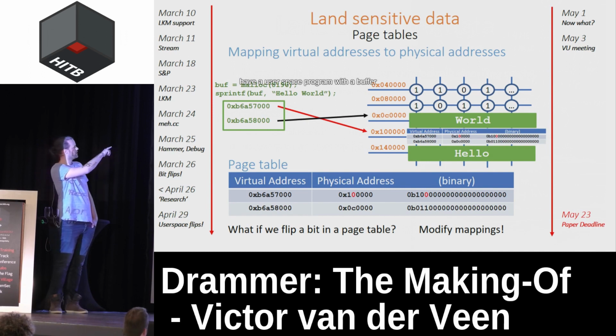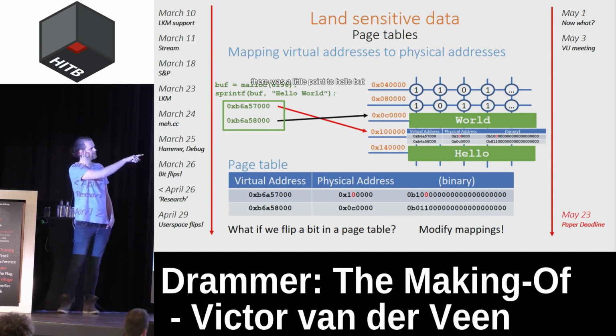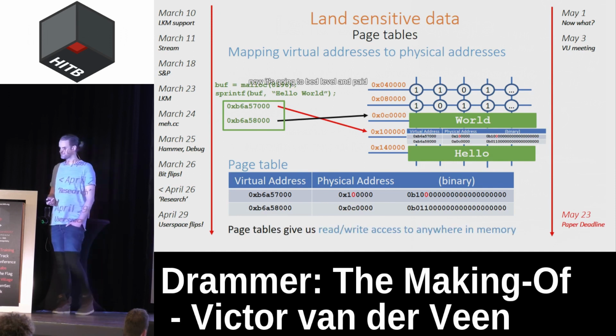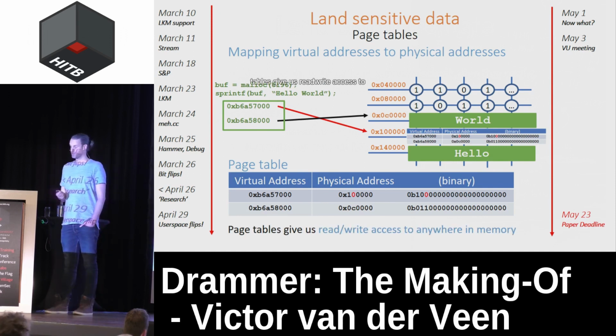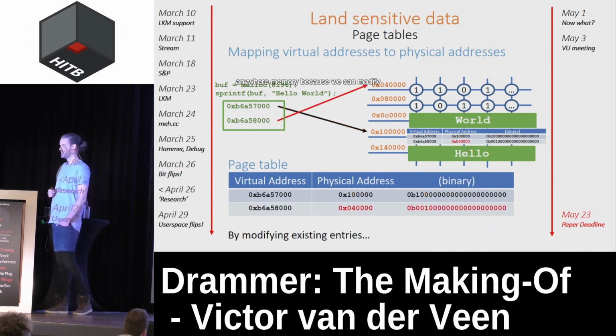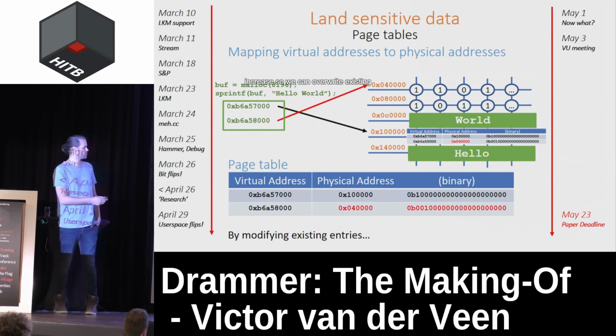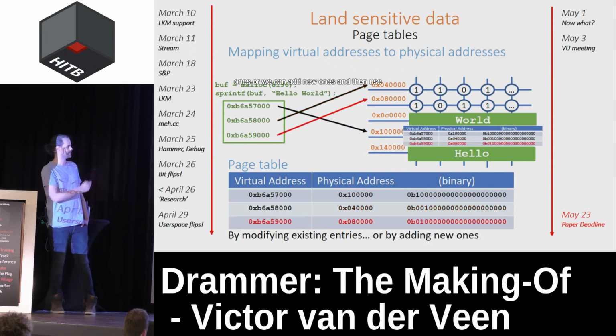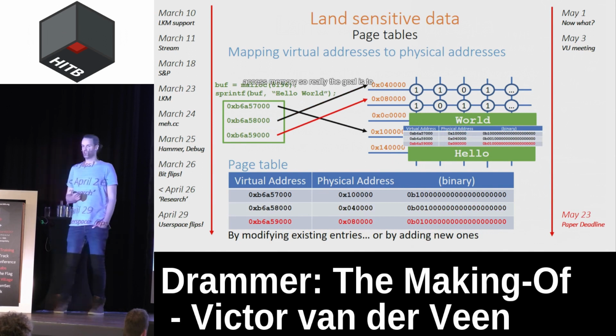So right now we have a user space program with a buffer that was originally pointing to hello, but now it's pointing to a page table. And page tables give us read-write access to anywhere in memory because we can modify entries, so we can override existing ones, or we can add new ones and then use that to access memory.